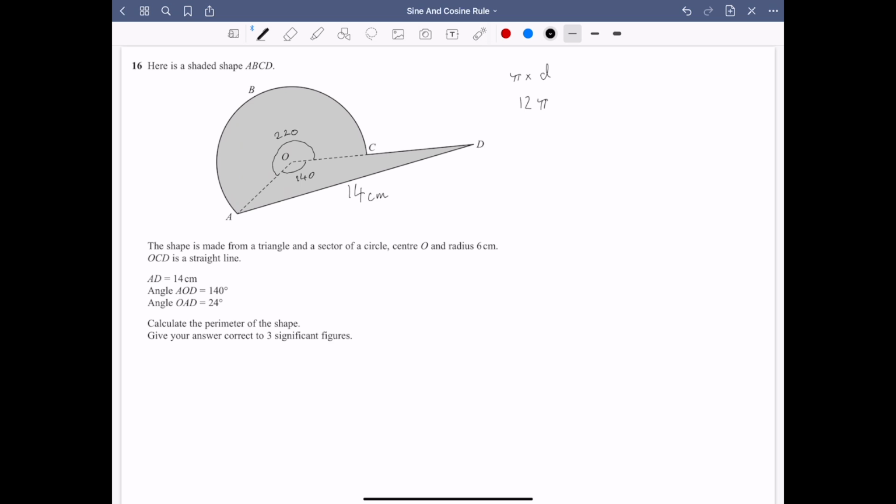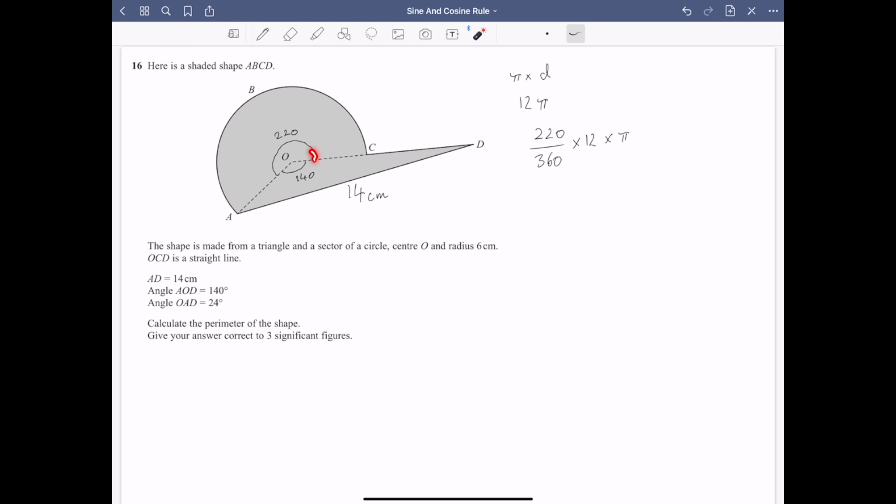But we're not interested in the whole circle, we're just interested in this portion of it. And this portion of it is equal to 220 over 360ths of it. So that's 220 over 360 times 12 times pi. Now why is that?